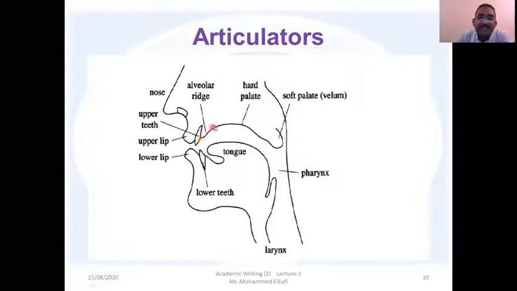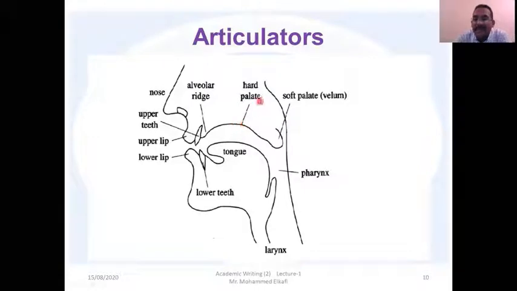And in this area we have the alveolar ridge, and here in this area we'll find the palate. There are two types of palate.